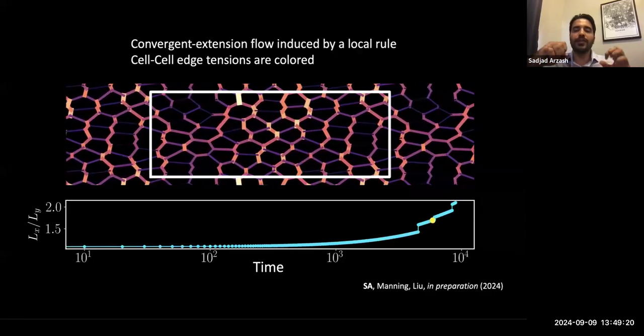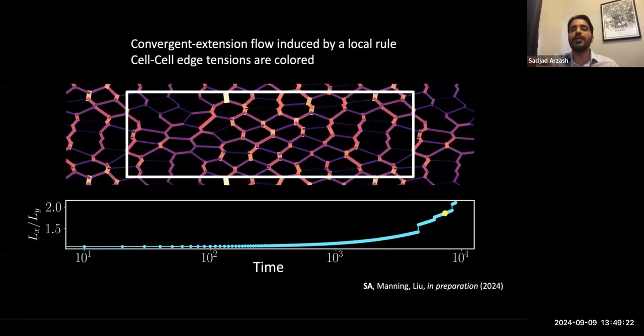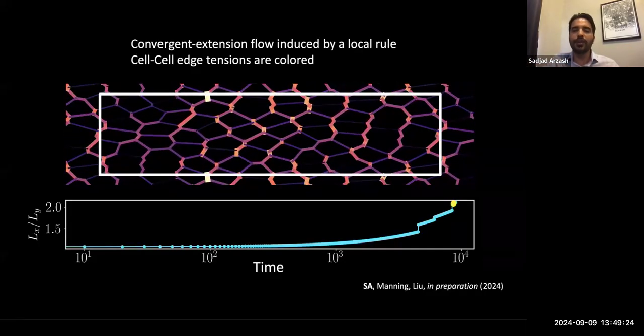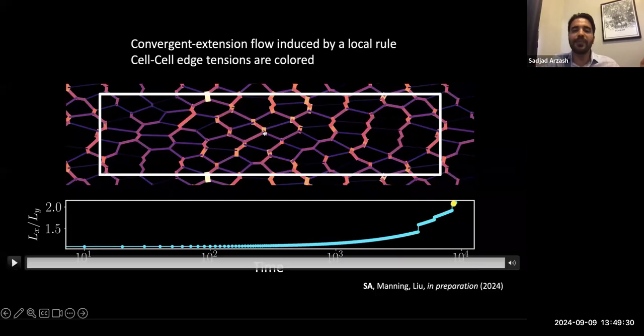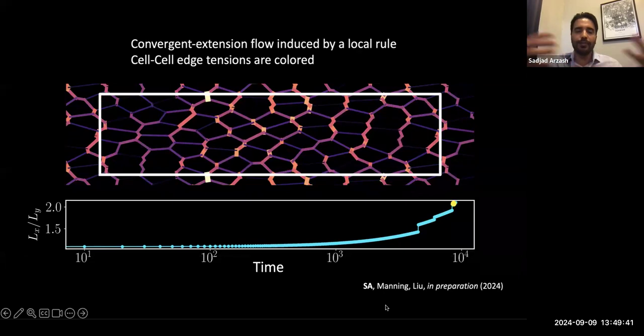By just locally tuning those edge tensions, you actually get this sort of flow, this convergent extension flow, and the system is elongating. But also you can see these stripes of edge tensions that are oriented vertically. That comes out of just doing those local tunings of edge tensions.